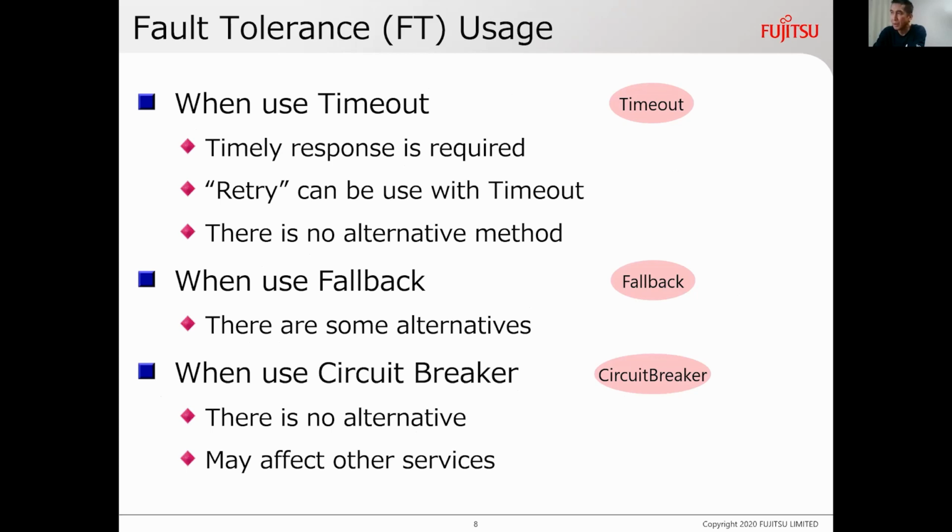But in case of fallback, the service has some alternative method, alternative service, you should use fallback. And circuit breaker, if the service has no alternative, and this service may affect other service, in such a case, you should use circuit breaker.